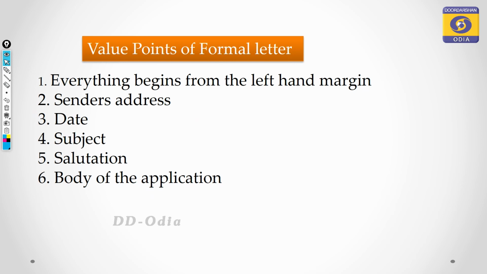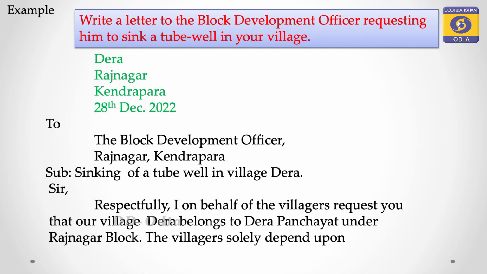After the address, you have the date, and then after the date the subject, salutation and the body of the application will be there. It will be clear to you. Then you see how to write the application. Very nice one it is. In almost all spheres of life, you have to write an application. So one example is given to you.